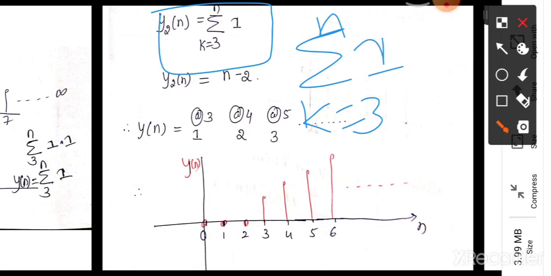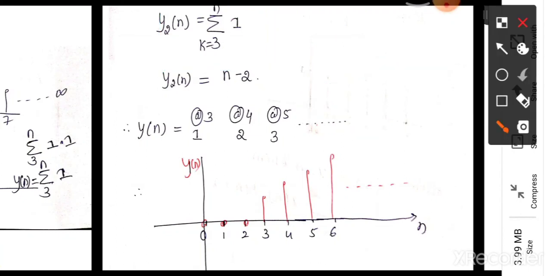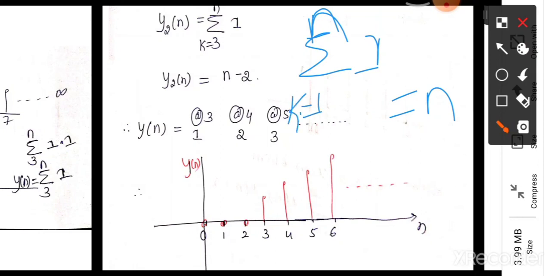This is the arithmetic progression. Summation of k equal to 1 to n of 1, we used to write the total value as n only.